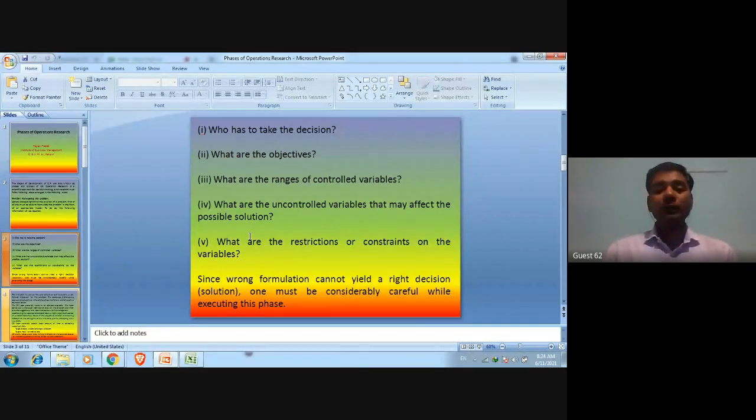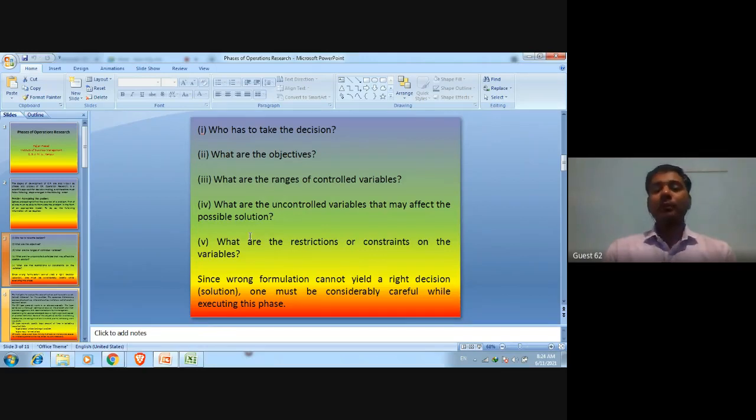If you are not able to understand the problem clearly, then you cannot solve it, or you will not get the right solution. If you have understood the problem clearly, then you can solve it easily.